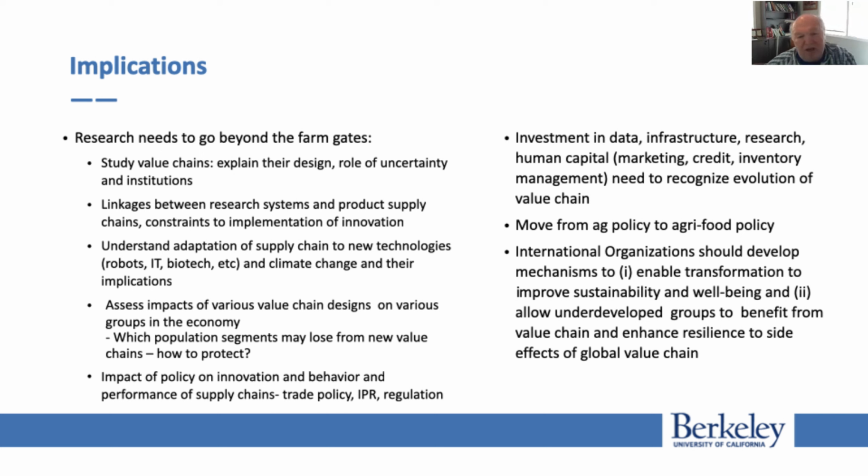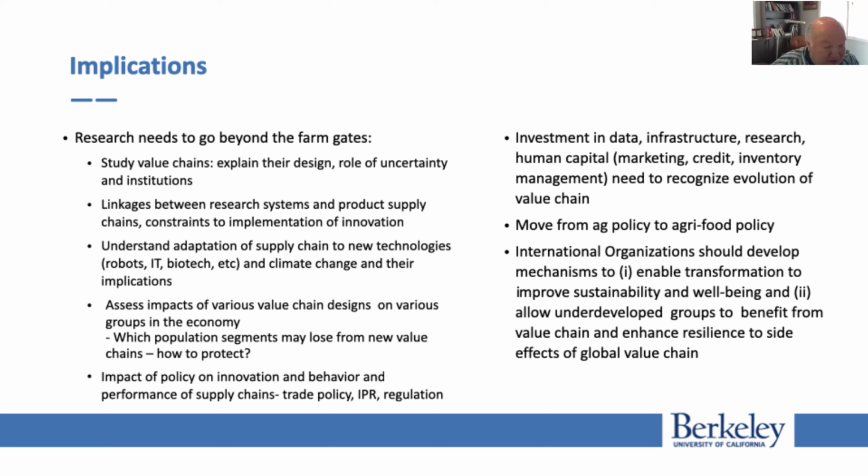When we look at any other industry, we need to understand how all the elements of the system operate. We need to invest in data, infrastructure, and the human capital needed for everything, from the research to the last stage. We cannot have only agricultural policy, we need to have agri-food policy.